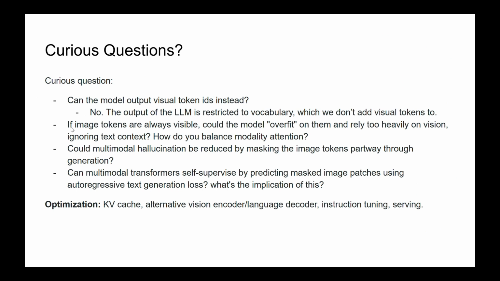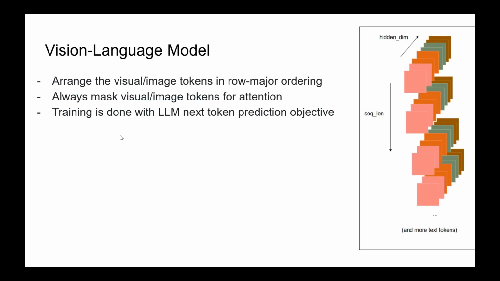And the next question is that if image tokens are always visible, could the model overfit on them and rely too heavily on vision, ignoring text context? And how do you balance modality attention? What I mean by this is that you keep the image tokens or the visual tokens available for the model for attention.